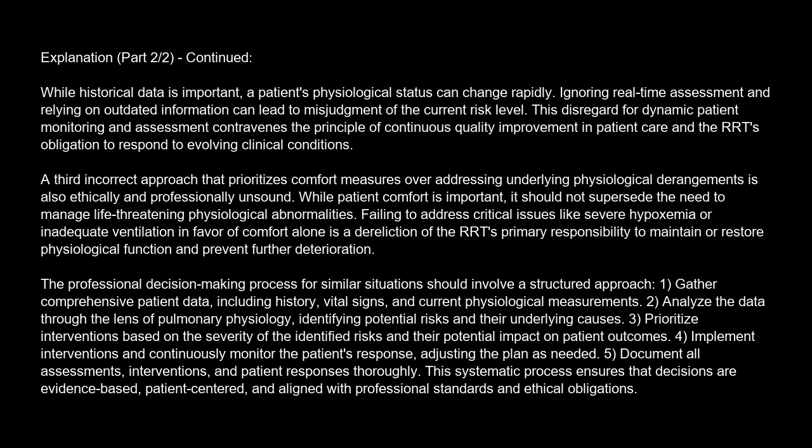Prioritize interventions based on the severity of the identified risks and their potential impact on patient outcomes. 4. Implement interventions and continuously monitor the patient's response, adjusting the plan as needed. 5. Document all assessments, interventions, and patient responses thoroughly. This systematic process ensures that decisions are evidence-based, patient-centered, and aligned with professional standards and ethical obligations.